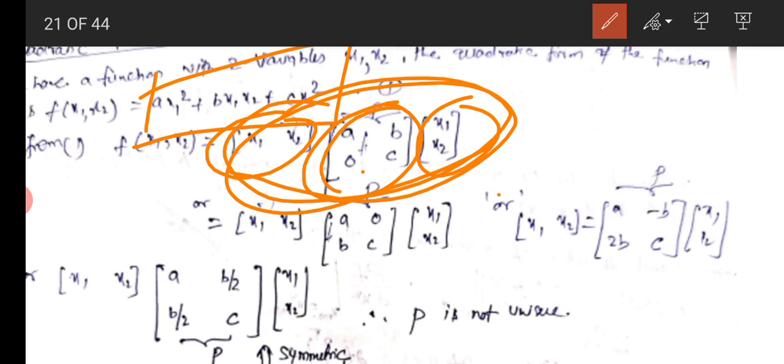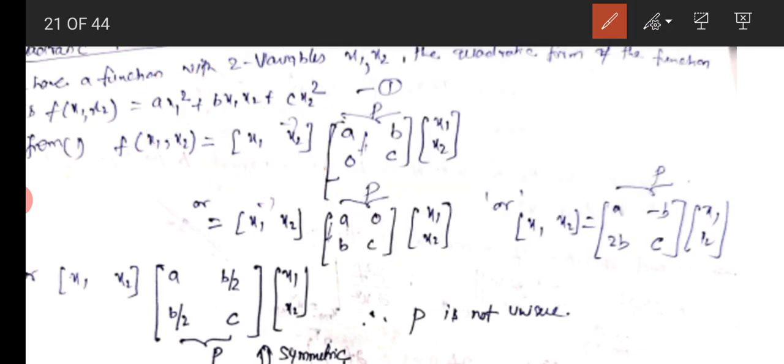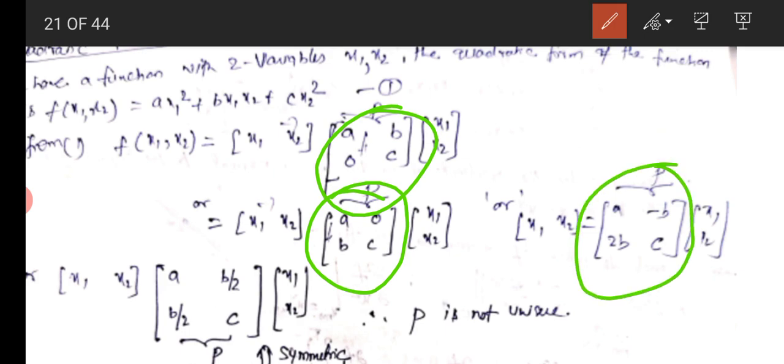This coefficient matrix [a b; 0 c] is represented by the P matrix, let's say. This P matrix may also be represented as [a 0; b c], and when you multiply, we get the same thing. Or we can represent it as [a -b; 2b c] also.